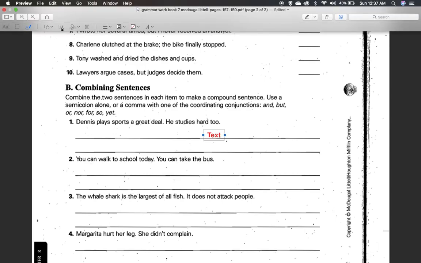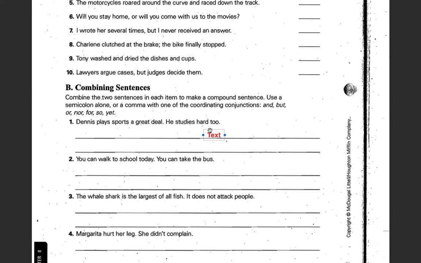I'm going to do the first example in front of you. The sentence says, Denise plays sports a great deal. He studies hard too. What I can simply do to join these two sentences is add a coordinating conjunction. Denise plays sports a great deal and he studies hard too.